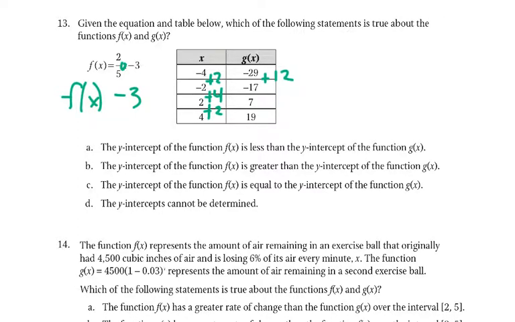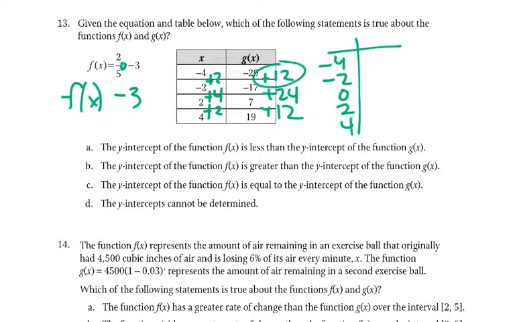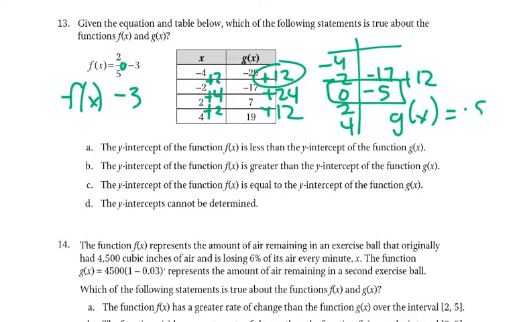So negative 17 plus 24, because it would double, to 7. 7 to 19 is plus 12. So if we expanded that out and went negative 4, negative 2, 0, 2, and 4, we'd be adding by 12, so we'd have negative 17 plus 12, which would give us negative 5. So g of x has a y-intercept of negative 5.